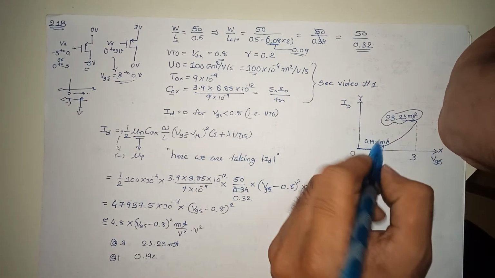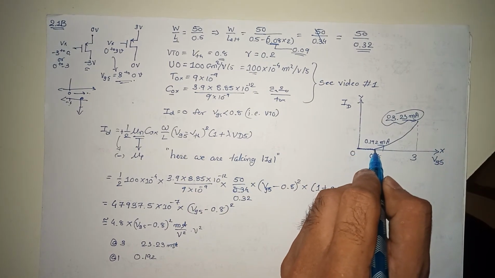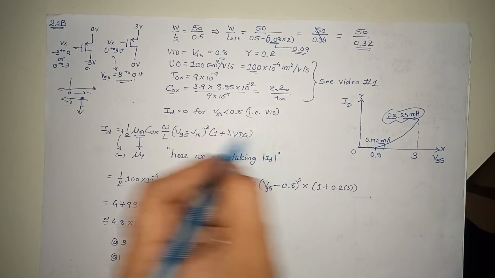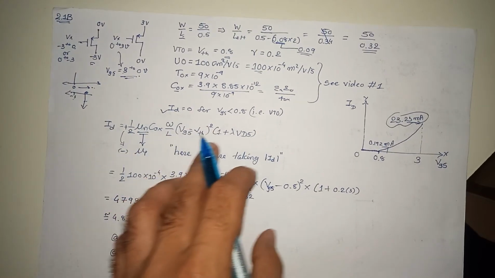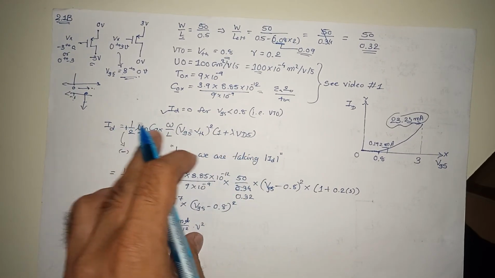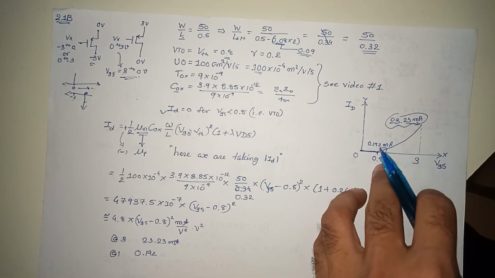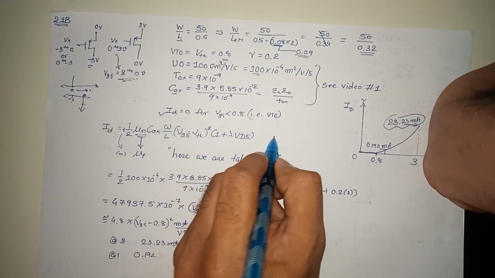Same way, for VGS below 0.8, that is the threshold voltage, your ID will be 0 because your device is off. Okay, here is that comment. But after that, for VGS greater than or equal to 0.8, your equation of ID will be this.